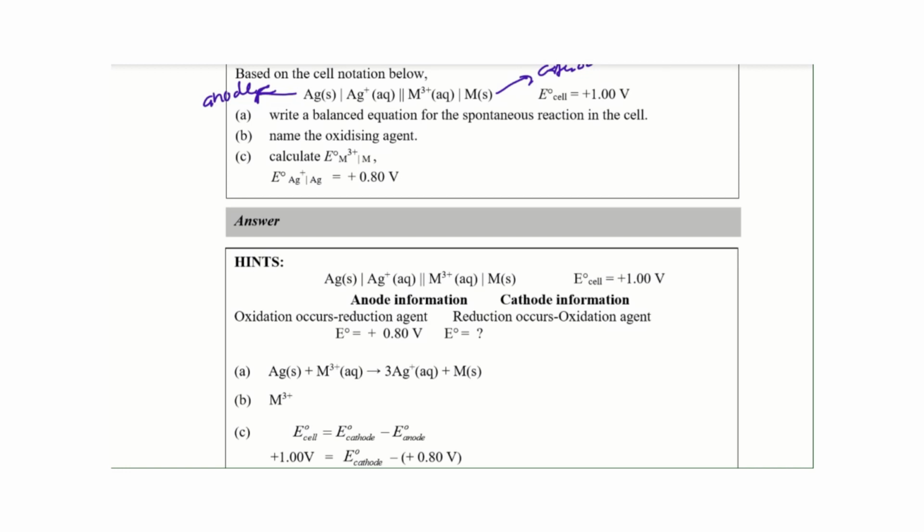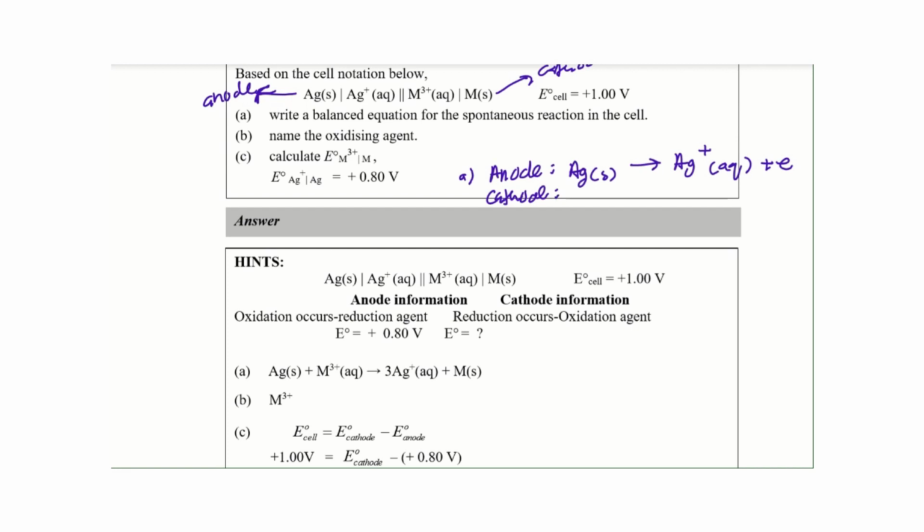At the anode, silver solid produces Ag+ ion and electron.